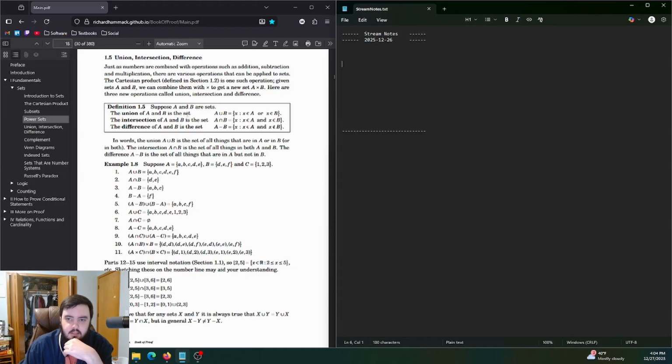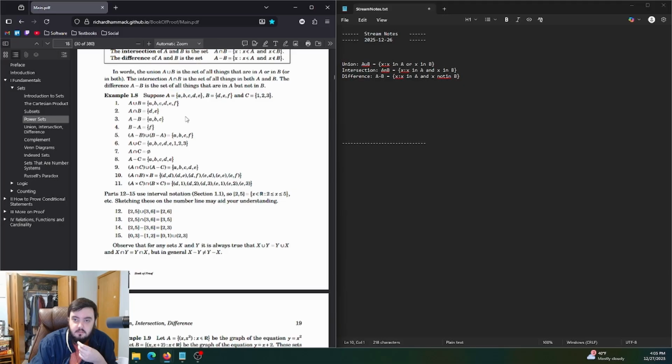The union of A and B is the set such that x is in A or x is in B. Intersection is and, union is or, and difference is it's in one and it's not in the other. x in A and x not in B. The union includes all the letters.